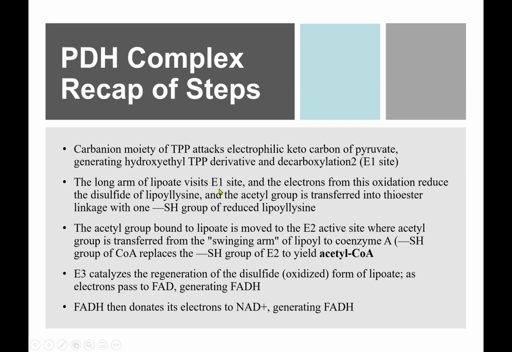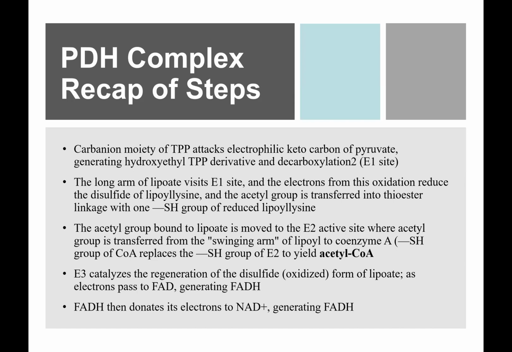And it literally can visit the enzyme 1 site, and we get the opening of the disulfide ring as the hydroxyethyl group is transferred onto that ring, and then the other one is just the SH group, right?